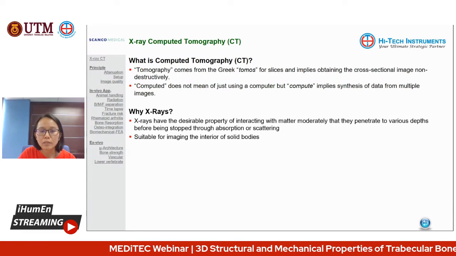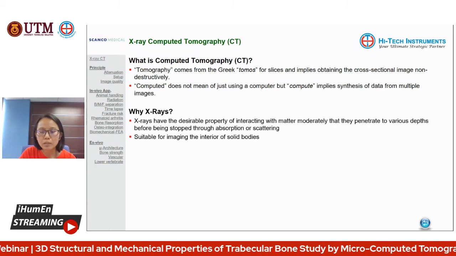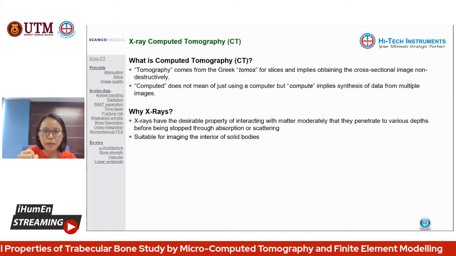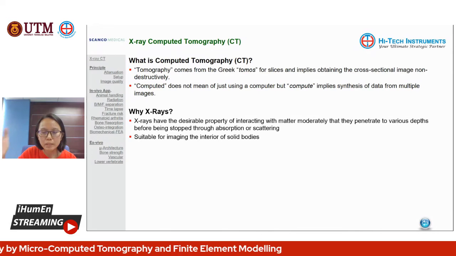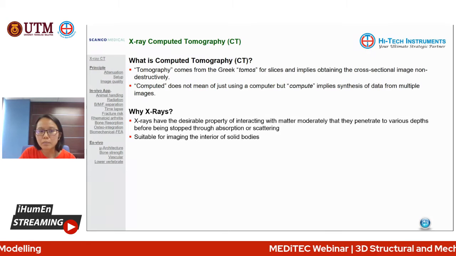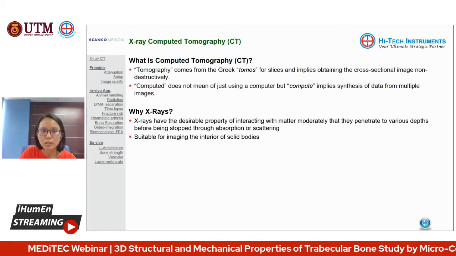So it can interact with the material moderately: partially the X-ray beam can be absorbed by the material itself, and partially the X-ray beam will be detected on the detector itself. That's the beauty of X-ray and why it is utilized as a non-destructive tool to generate CT images.